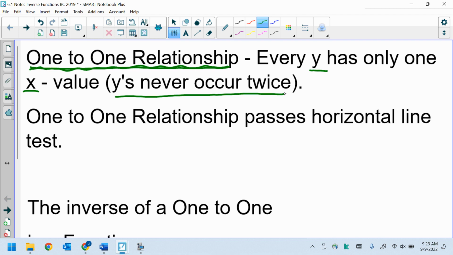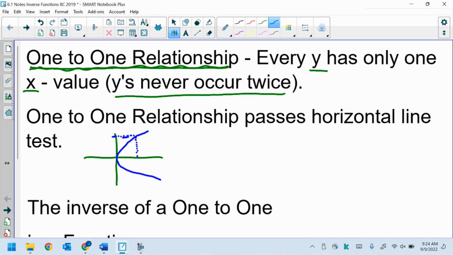One-to-one relationship passes the horizontal line test. So if we have something like this, every y has only one x value. The y value of 4, for example, has this x value right here.